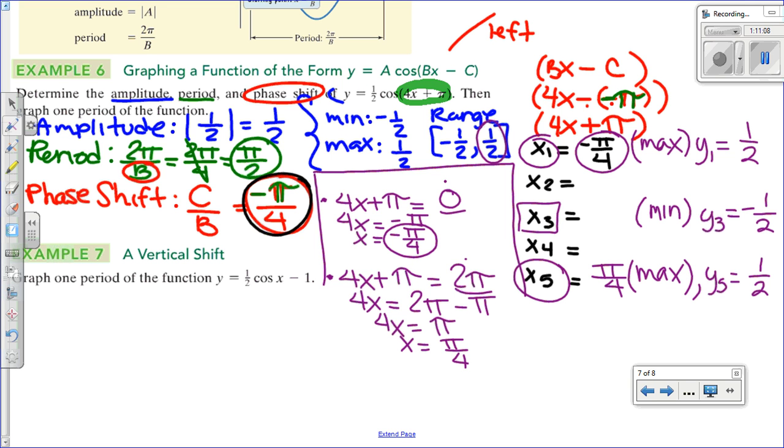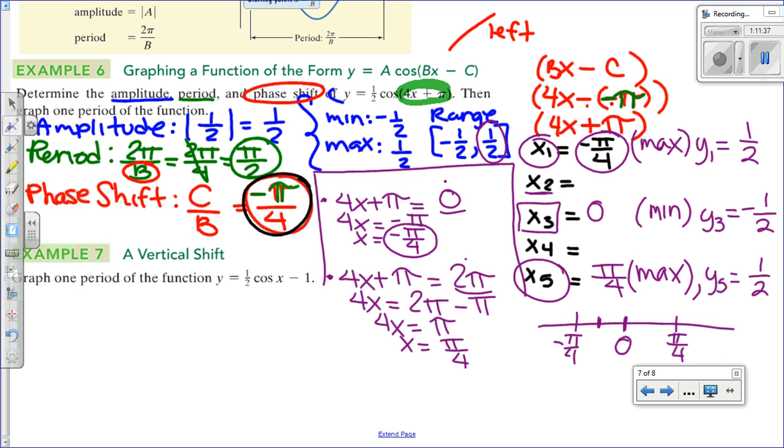Now how can we find the x value? Well, think about it. What is right in between negative pi over 4 and pi over 4? And the answer will be 0. So x equals 0, that is where the minimum will happen. Now let's see if we can figure out what will be the value for x sub 2. There are several ways you could do this, but one thing we can do is find the midpoint.